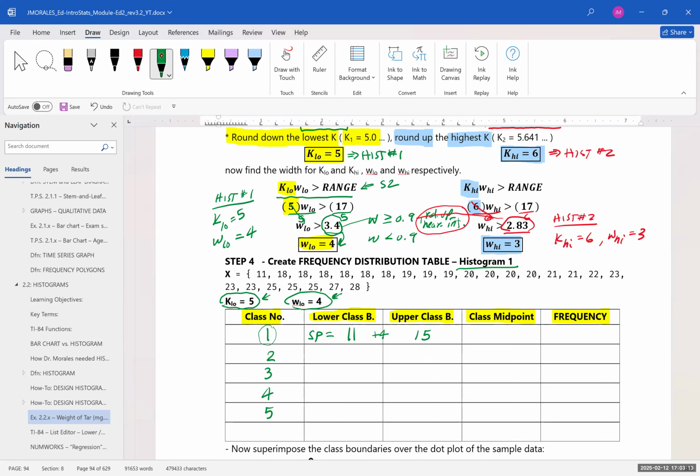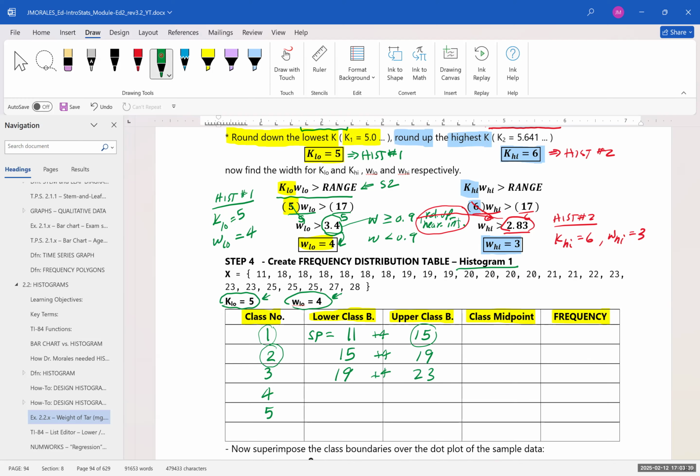The lower class boundary of our next class is equal to the upper bound of the previous one. Now we'll add 4. And now the lower bound of the next class will be equal to the upper bound of the last one. And we'll add 4. Gives us 23.